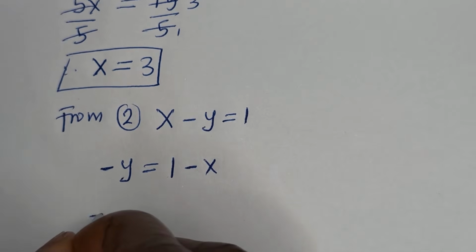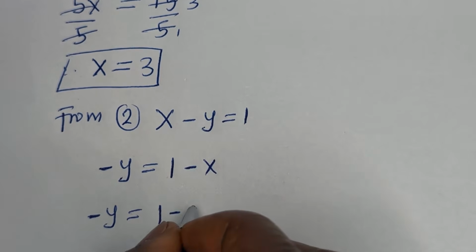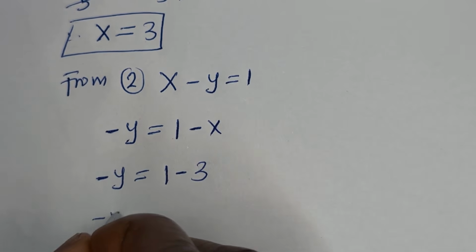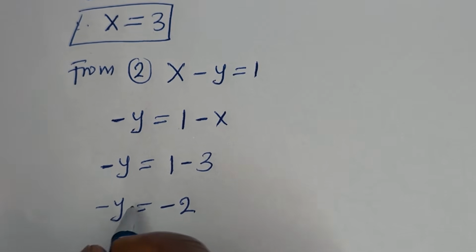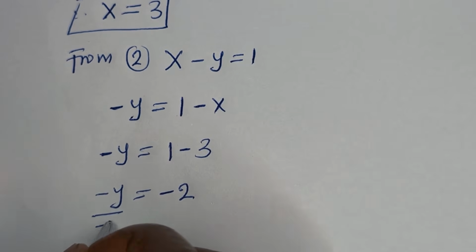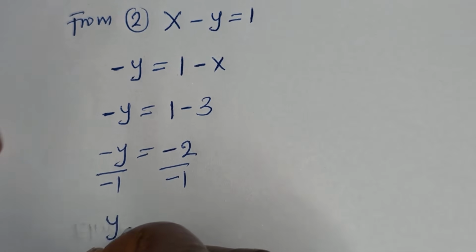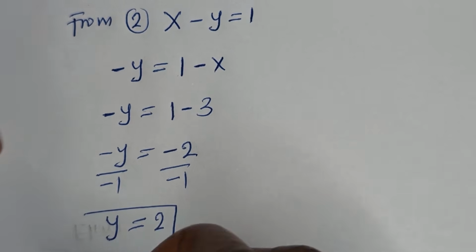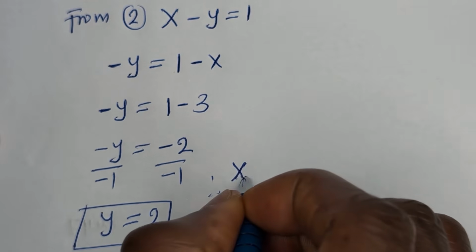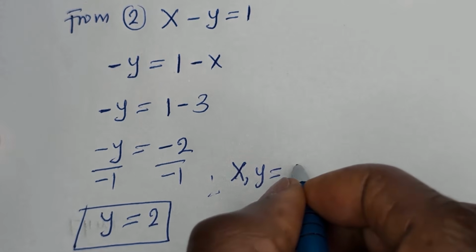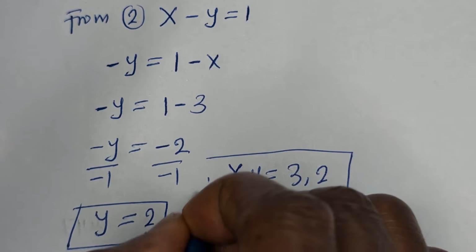Minus y is equal to 1 minus 3, minus y is equal to minus 2. If you divide both sides by minus 1, y is equal to 2. Therefore, our final answer is x, y is equal to 3, 2 using elimination method.